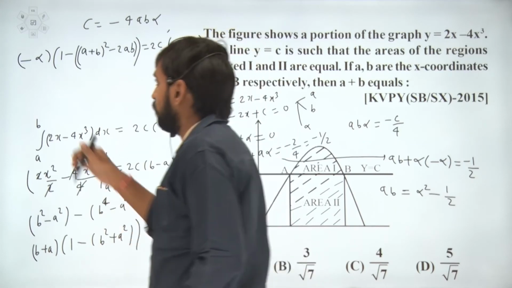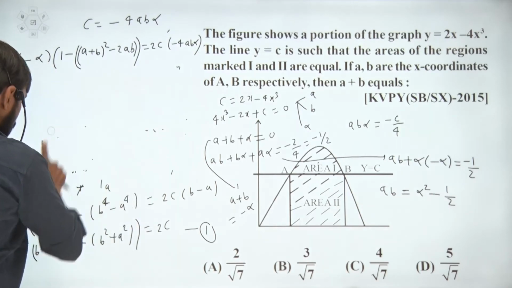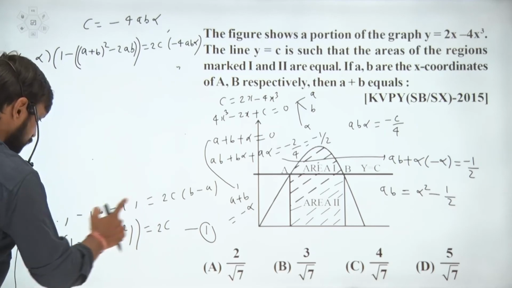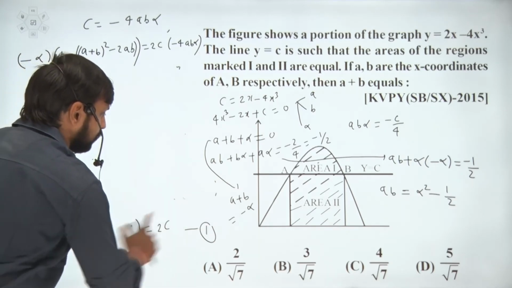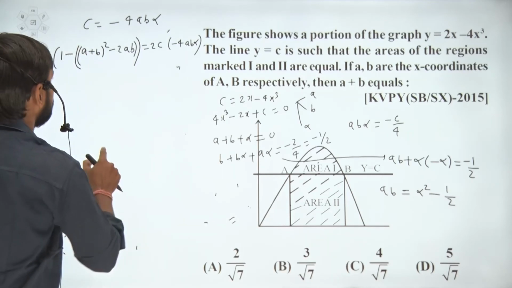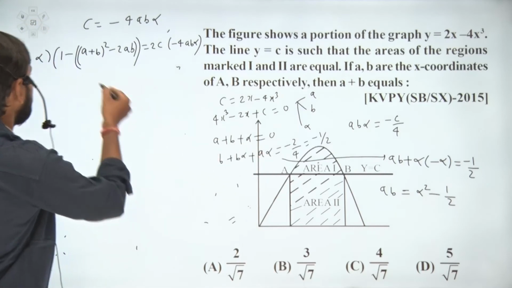Now from here, what is the value of a plus b? a plus b equal to minus alpha.